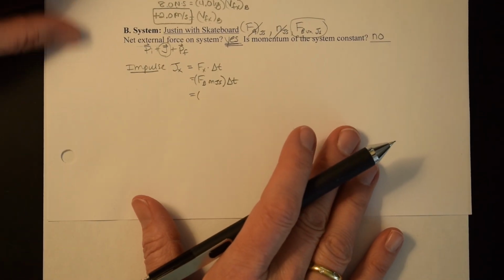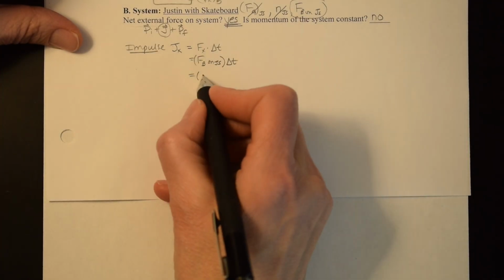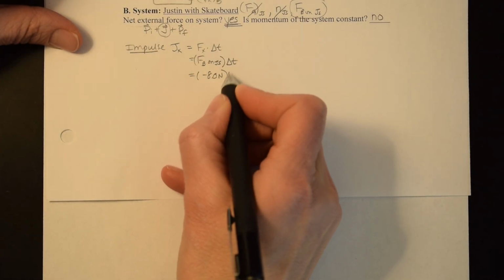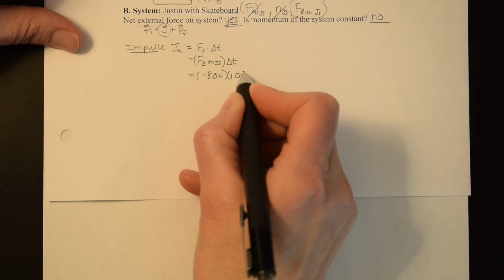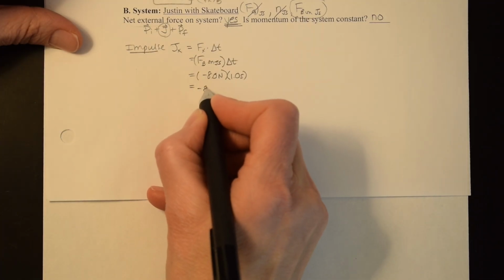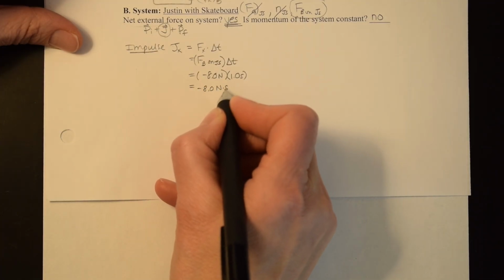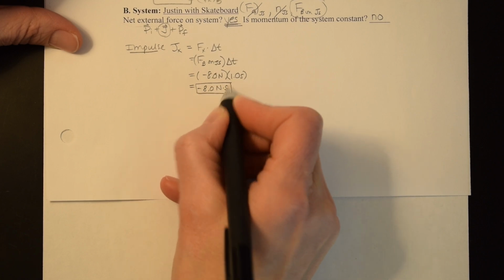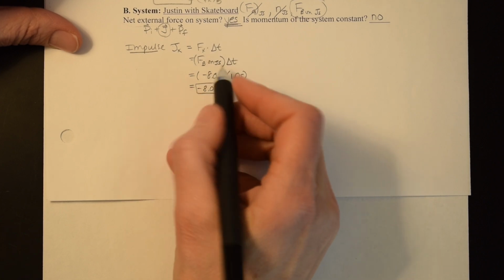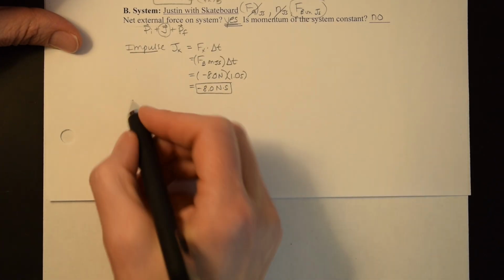Really watch out for signs when working with momentum and impulse. So -8 newtons, and the time was 1 second. So the impulse is -8 Newton seconds. The negative means that the force was exerted in the negative direction.